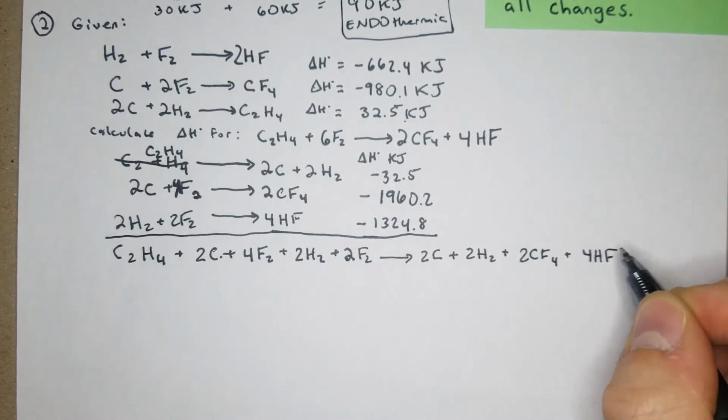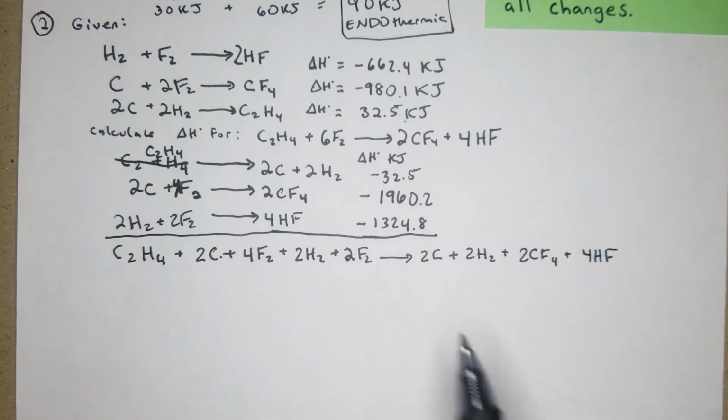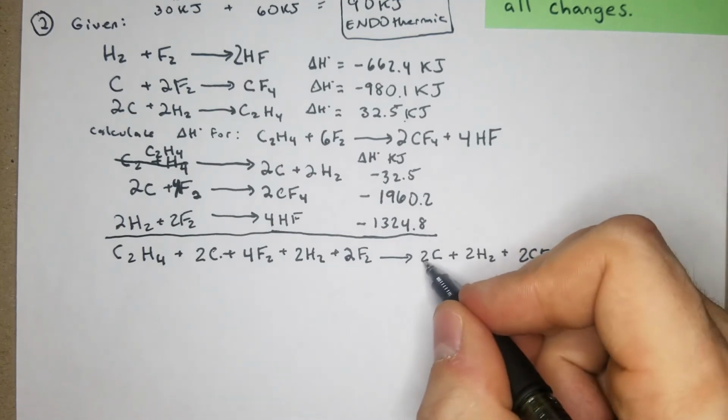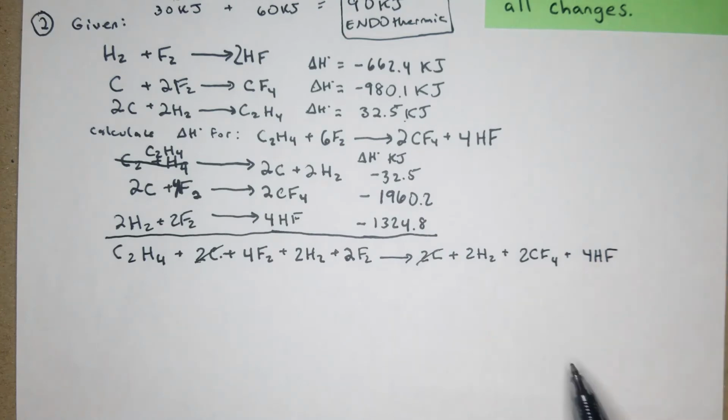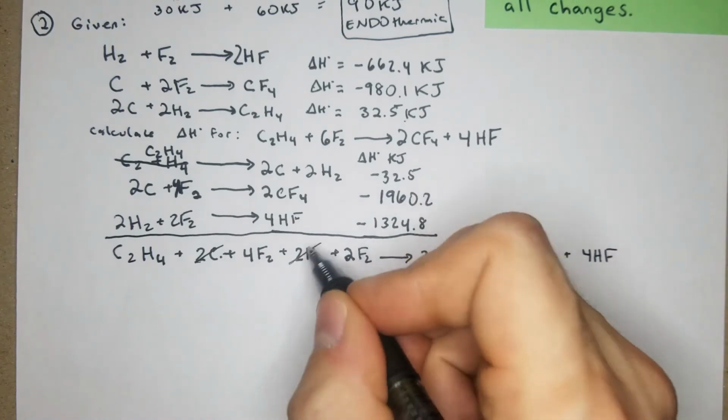For HF. Okay, so now we'll just simplify this down. We have 2 C's over here, 2 C's over here. Now we have 2H2 over here, 2H2 over here.